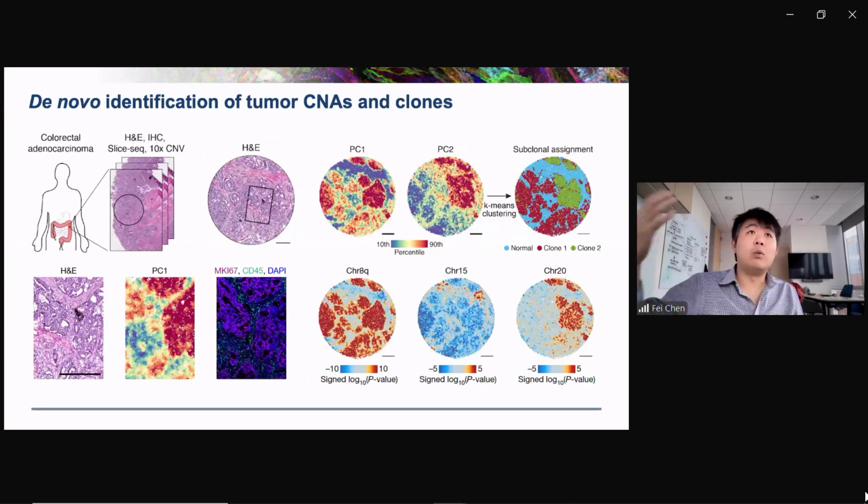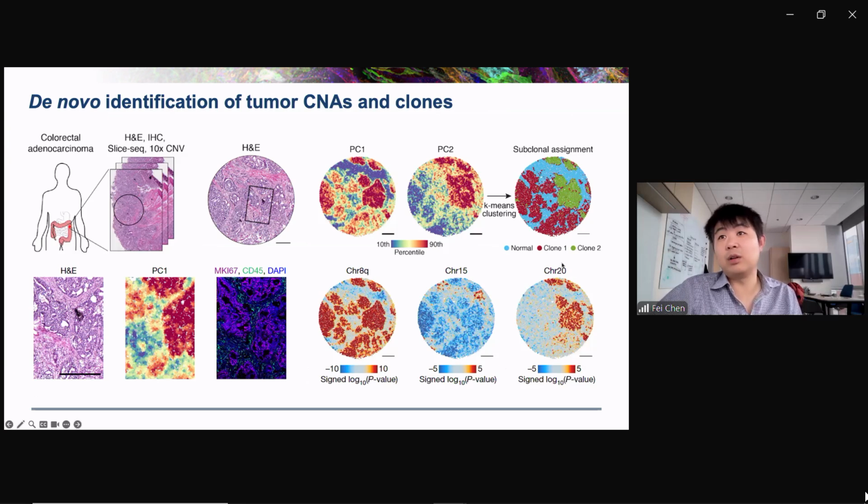And so what we can then do is we ran this on a human adenocarcinoma, colorectal cancer. Here you can see a high resolution H&E. And here is the Slide-seq data, where PC1 is separating normal cells, stromal cells from tumor cells, and PC2 is separating out a distinct subclone from the parental clone.